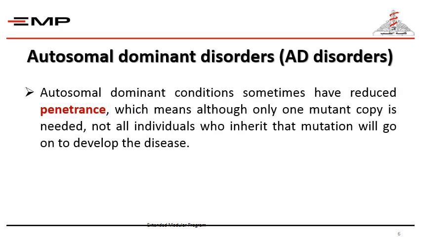Autosomal dominant conditions sometimes have reduced penetrance, which means although only one mutant copy is needed, not all individuals who inherit that mutation will go on to develop the disease.